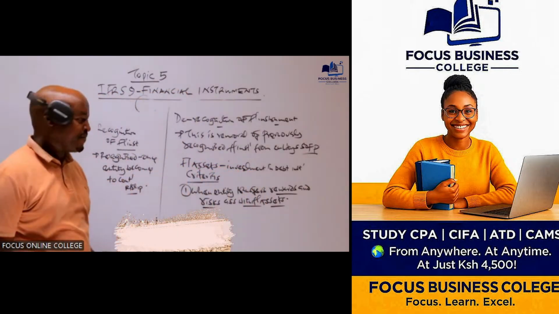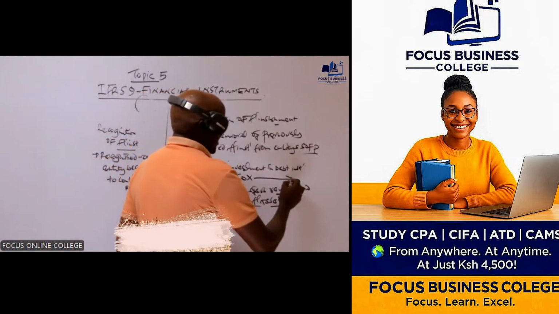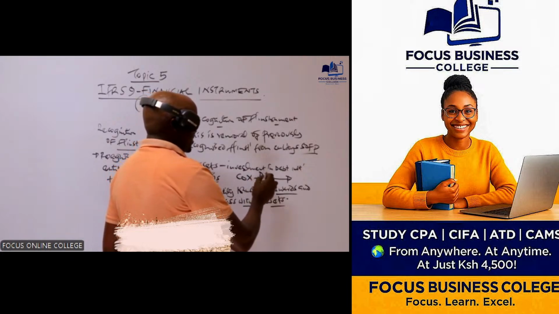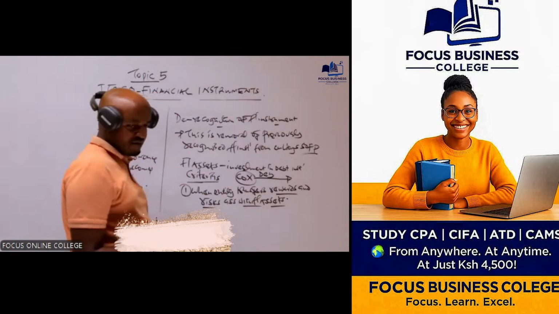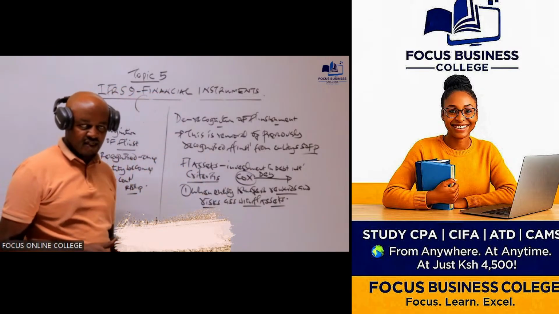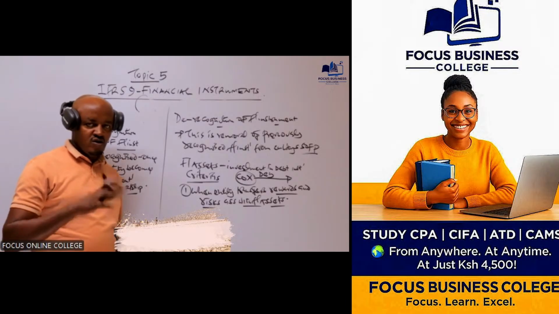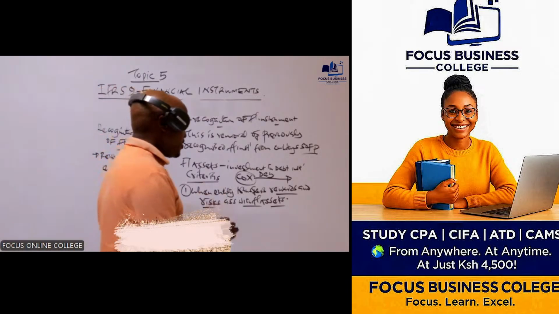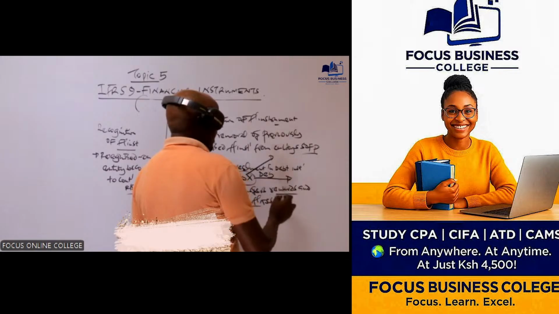What does that mean? Let's assume that we have a company here, company X, and this company has invested, for example, in debentures of another company. So to this company, investment in debentures is a financial asset. So when can this company remove those financial assets from its statement of financial position? One of the circumstances is when this company transfers the risk and reward.